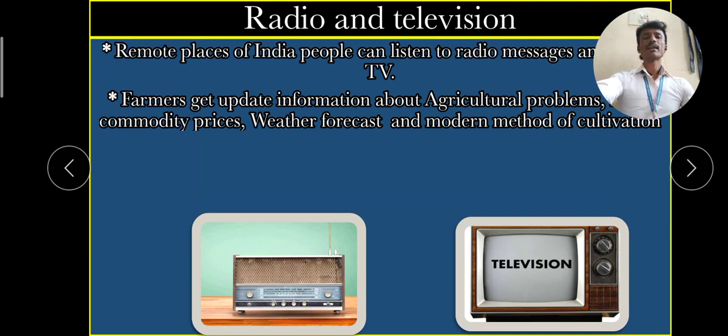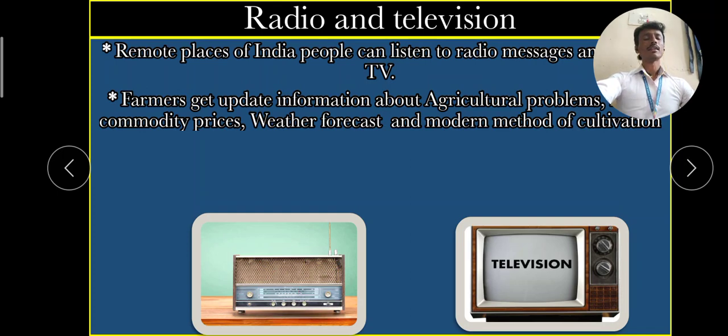Through television and radio, the government provides important programs related to agricultural problems, commodity prices and fixed costs of important products, weather forecast information, and modern methods of cultivation. It means we can gain new agricultural method information through the radio and the television.